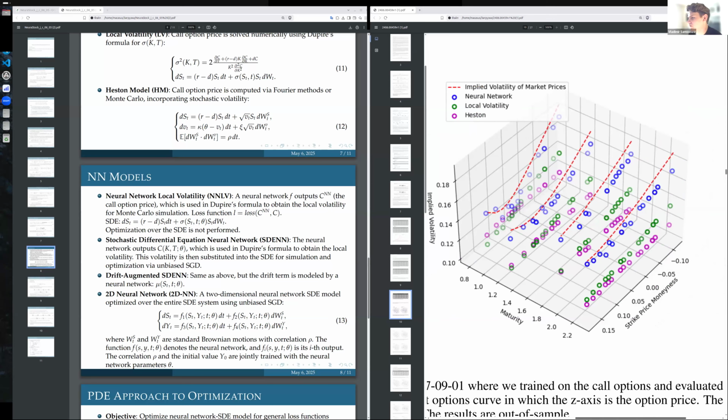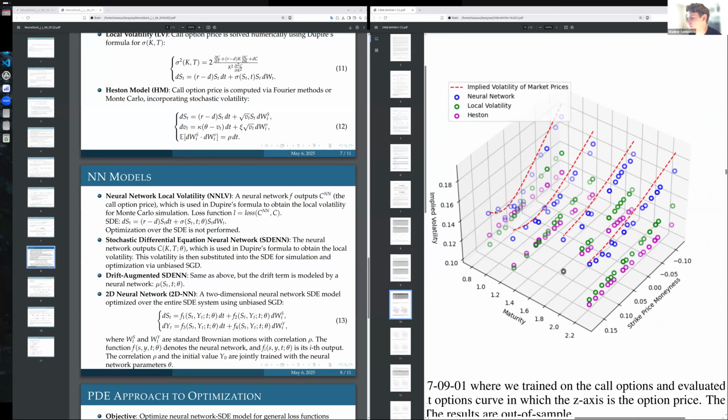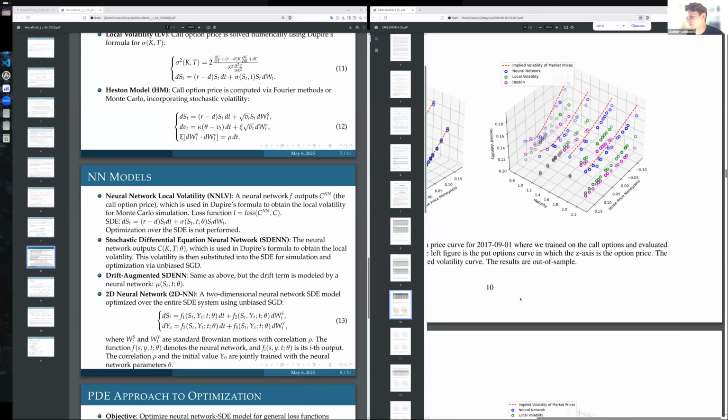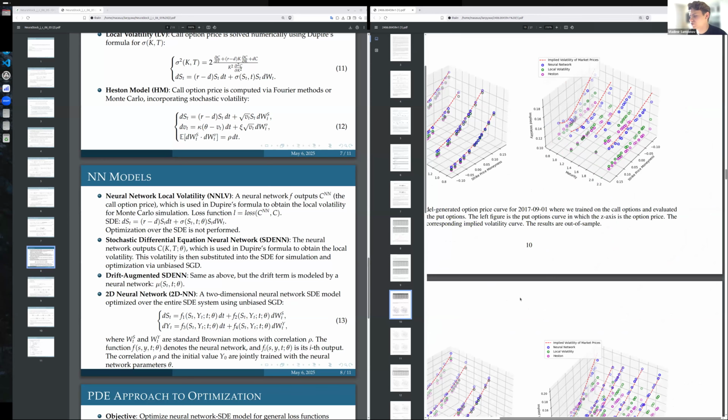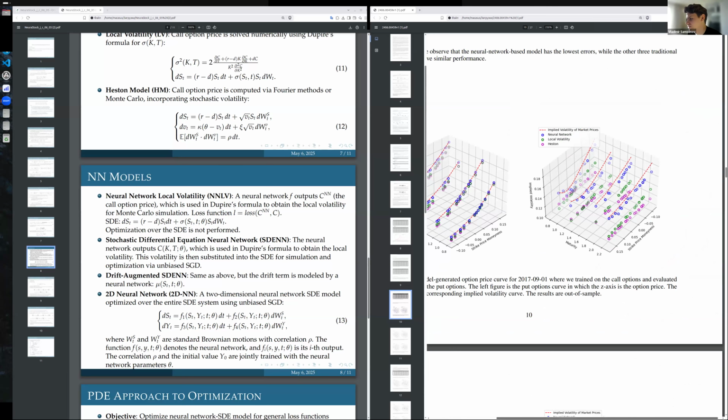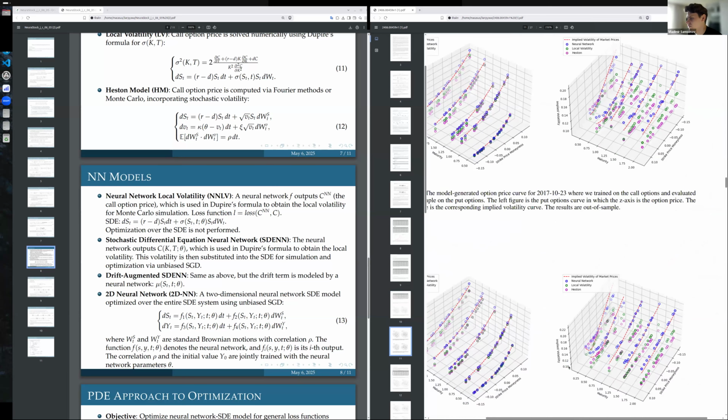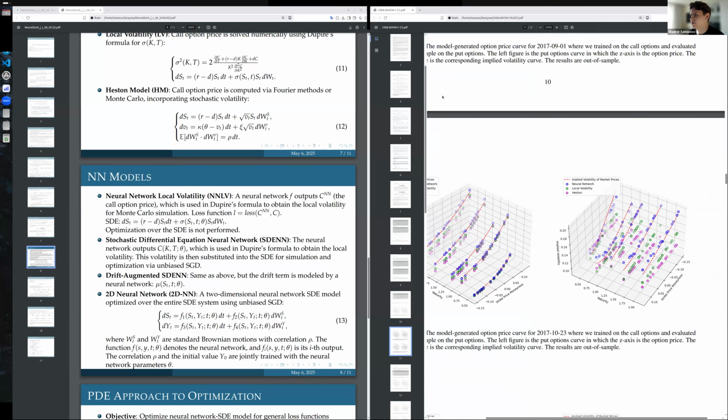Here you can see it better, like a smile. In this paper, it's evident that neural network models are just better than other models, and that's all. They're not very useful here. I won't show them. I go back to the presentation now.